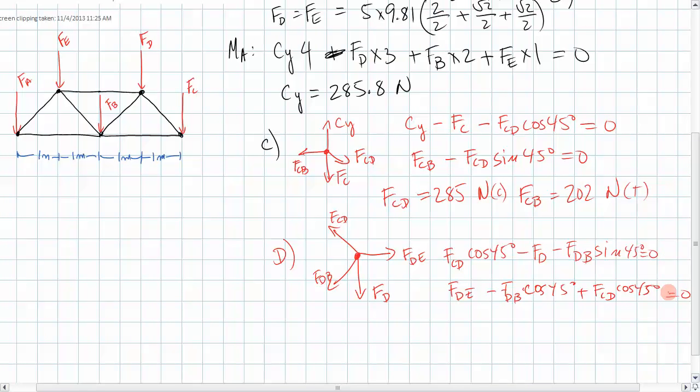Sine and cosine of 45 are the same, so let's just fix that to make sure. And now I can solve for that, and I get that FDB is equal to 180 newtons, and that's a tension, and FDE is equal to 286 newtons, and that's compression. And of course, the other forces are the same by symmetry, and this is the problem.